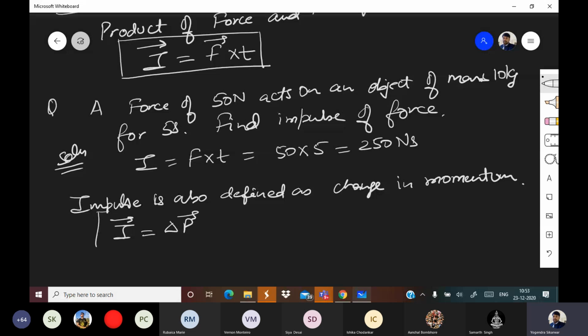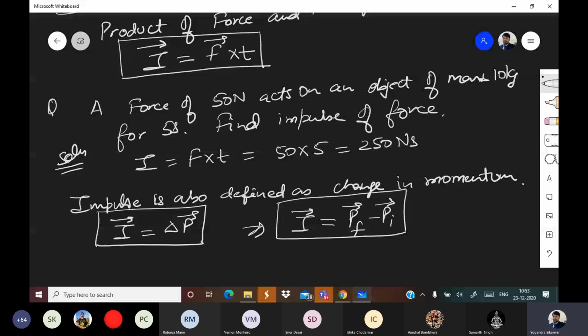That means I is equal to p final vector minus p initial vector.